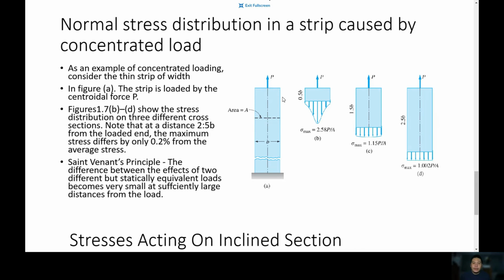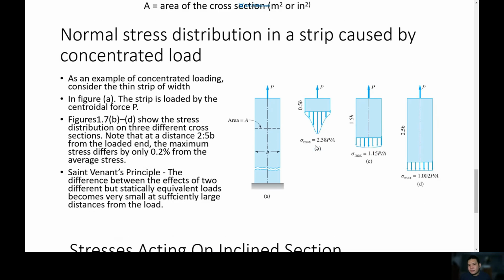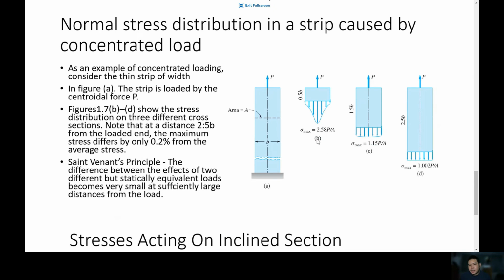So it is said, when we cut a section closer to the applied force, the normal stress, or the stress maximum, is around 2.58 pound force per area. Now when we are cutting somewhere farther from the force applied, it is reducing, nagka-reduce siya, class.